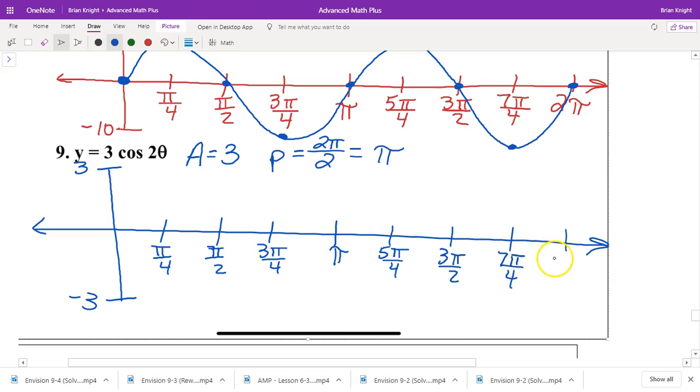But guess what? Your period will not always be pi. So the correct answer to your question is no. It will not always be these numbers.